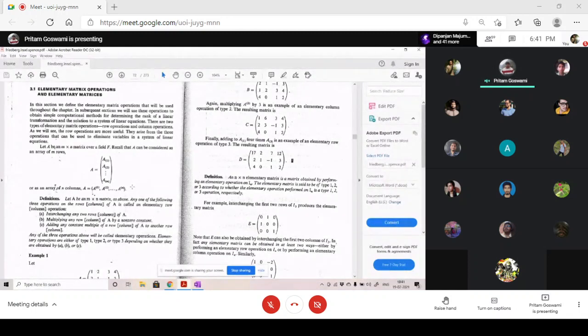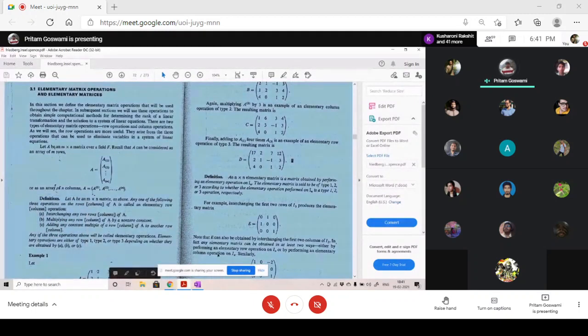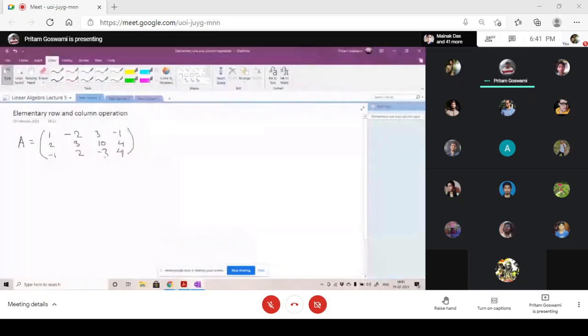Now, what are the operations? There are three kinds of operations regarding row operation and column operation. I will not be going through the definitions here; I'm just going to give an example of each operation. Suppose I have this matrix.